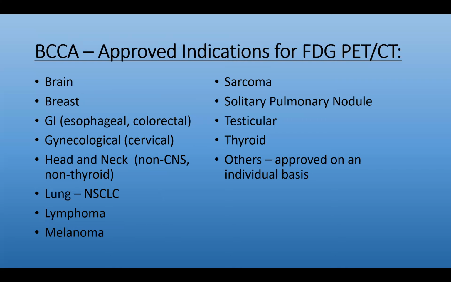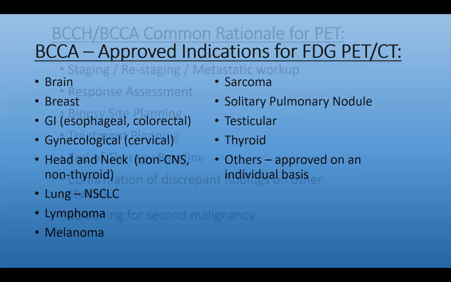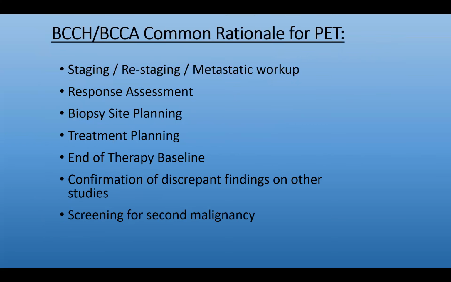So the common rationale for performing PET at BC Cancer Agency in conjunction with BC Children's Hospital includes using it for staging, restaging, and metastatic workup, to assess response, to assist in biopsy site planning. It can be used as well for treatment planning.